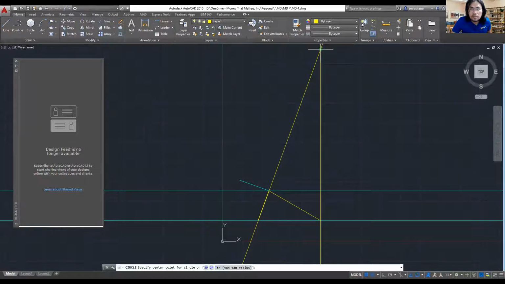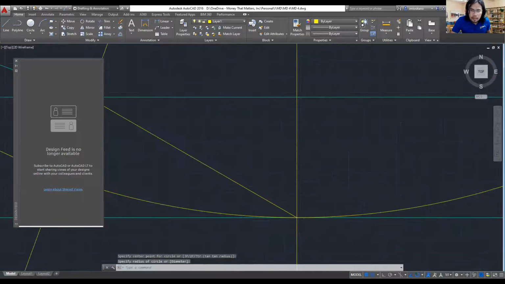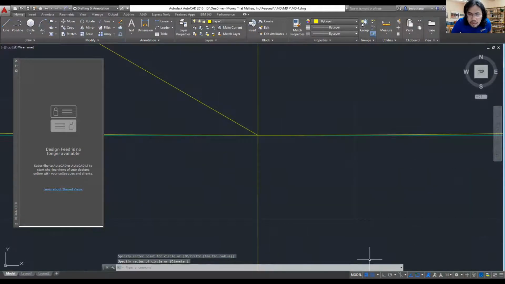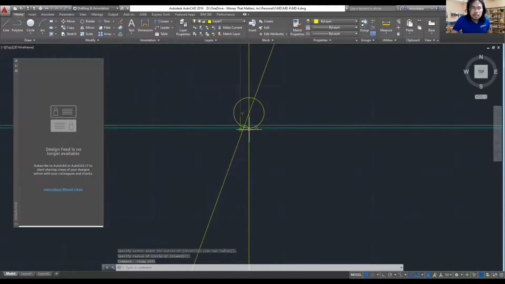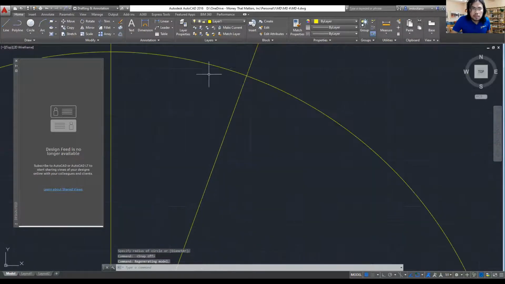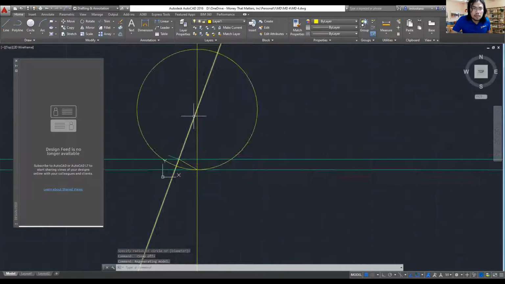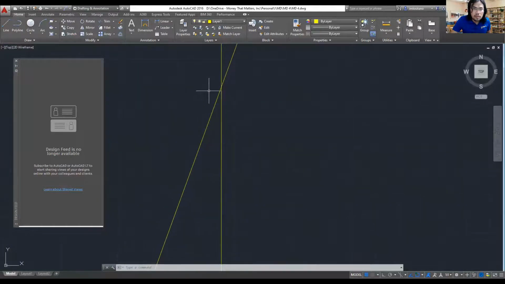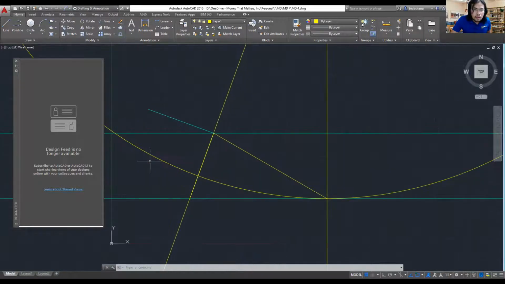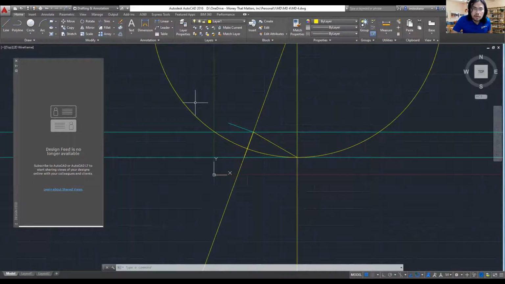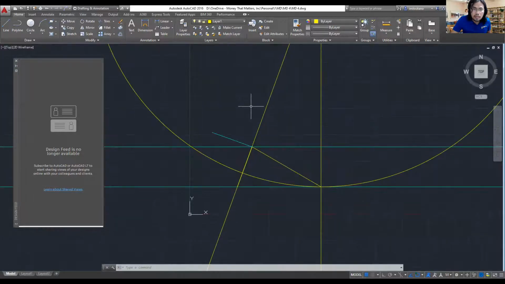from this point, the IAOV, and we make one up to the location of our C. Okay, so we can say that we have the center at this IAOV. And what we have to do now is create a line.